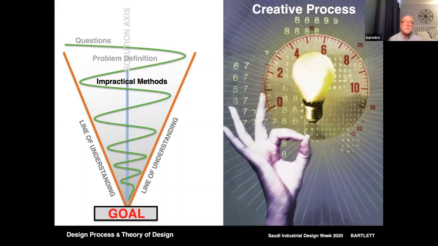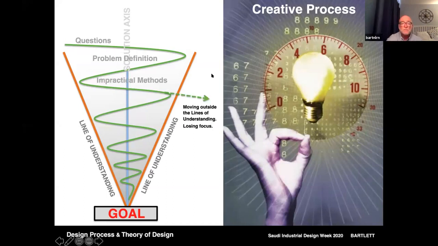So we may have impractical methods. We may have all kinds of methods that we may use. The impractical methods could be things that maybe you were taught, trial and error, things that don't work. But we're constantly building down through this solution and trying to get to that goal. Here's something we have to be careful of, though: sometimes we move outside the lines of understanding, or we're losing focus.